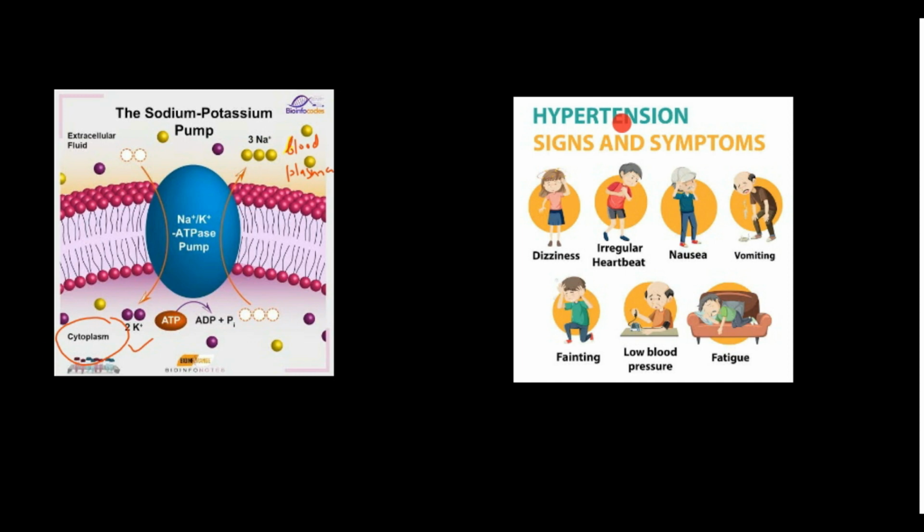And if some defects are there in the ion pumps, then serious diseases may result. For example, chloride ion is responsible for a kind of disease. However, I am not discussing the anion here, but you should know about the other things also. Like what I have written here, you see, hypertension.